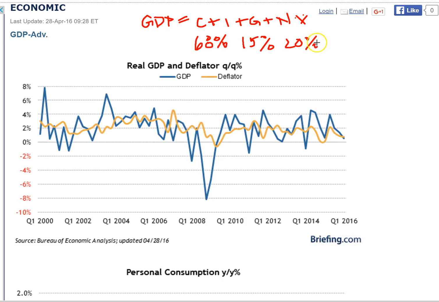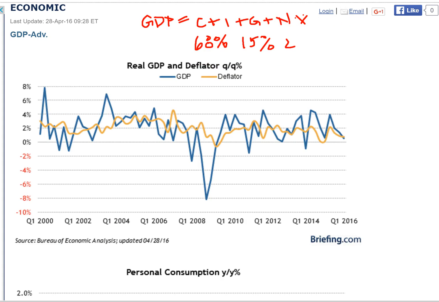And since we run a trade deficit, this is going to be slightly negative. So you can see 68, that's 78, 83, that's 103%, right, with just these. So this must be a negative 3%. So let's clean this up.